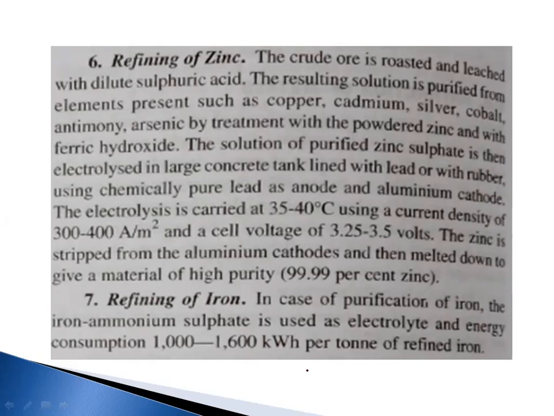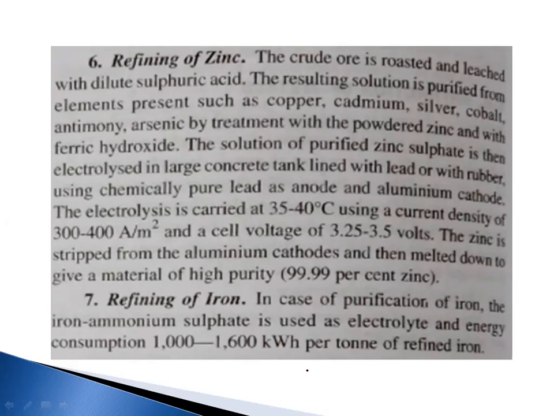The electrolysis is carried out at 35 to 40 degrees centigrade using a current density of 300 to 400 ampere per meter square and a cell voltage of 3.25 to 3.5 volts. The zinc is stripped from the aluminium cathodes and then melted down, giving a metal of high purity, 99.99% zinc.